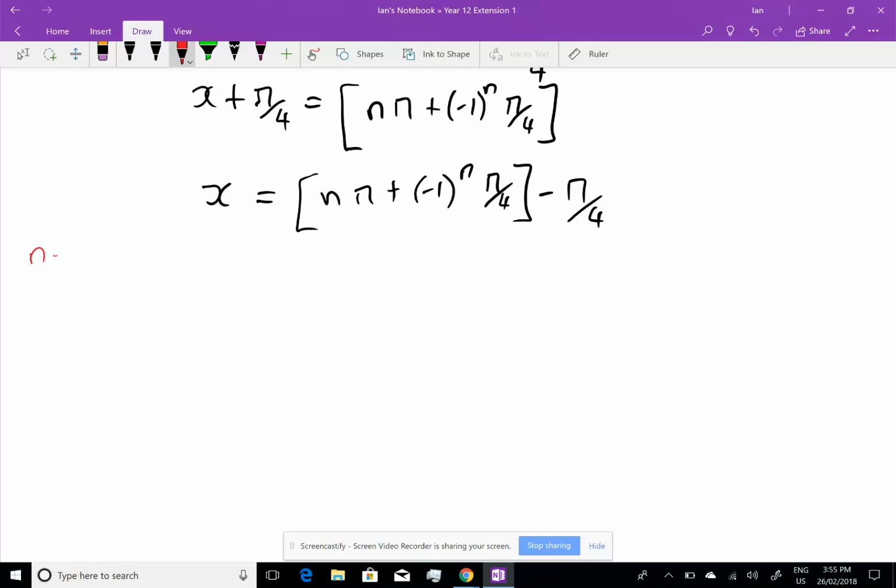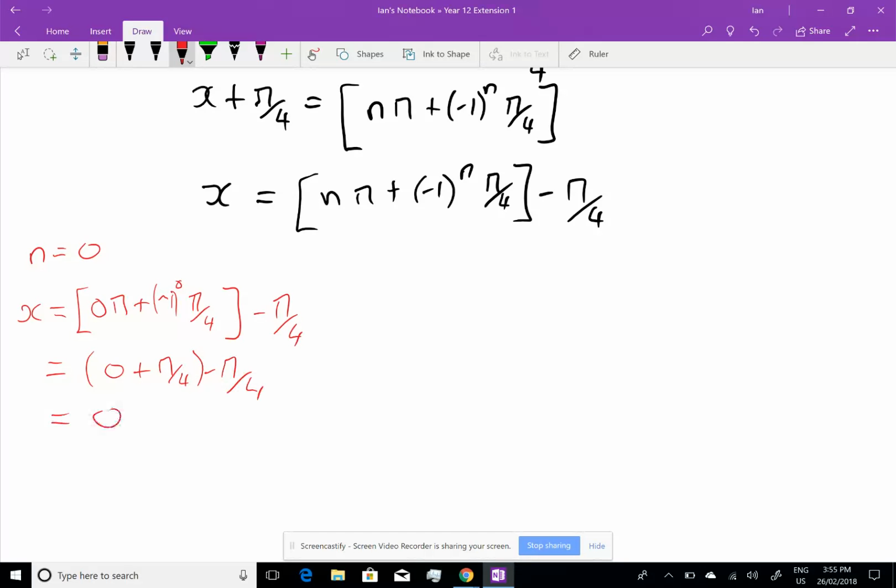So when n equals 0, I'll get x equals 0 pi plus minus 1 to the 0, which is just going to be 1, pi on 4, minus pi on 4, which equals 0 plus pi on 4 minus pi on 4, which gives me 0.